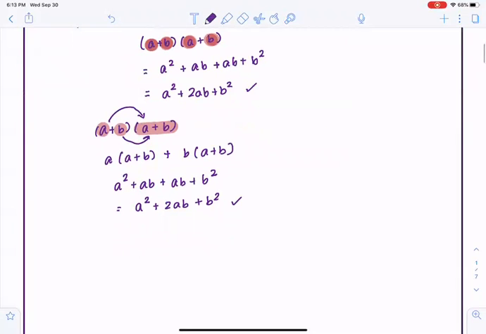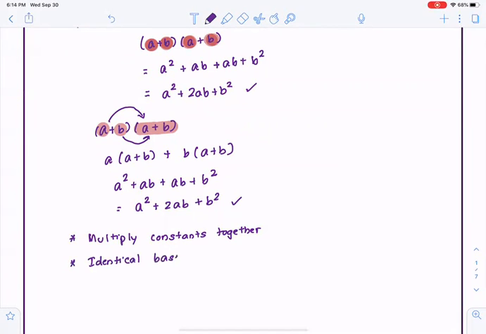Other things to keep in mind when we are multiplying polynomials: we have to multiply the constants together. If we have identical bases, that would simply mean we have to add the exponents or the powers.